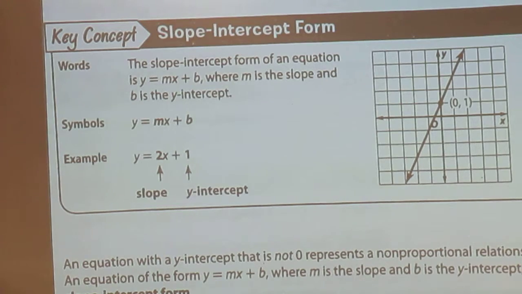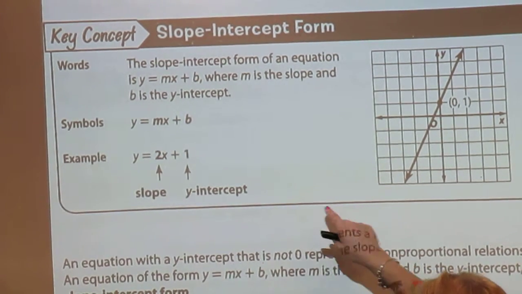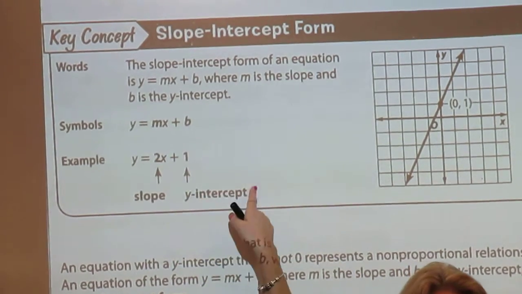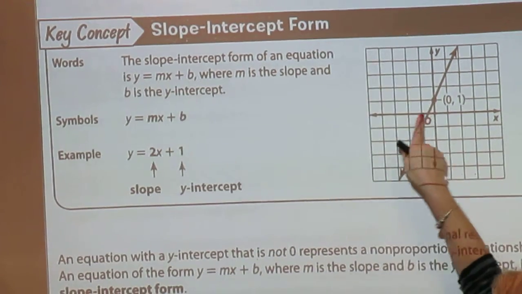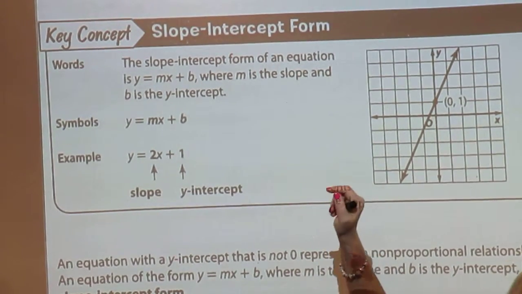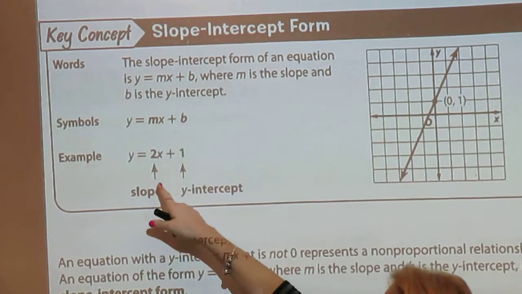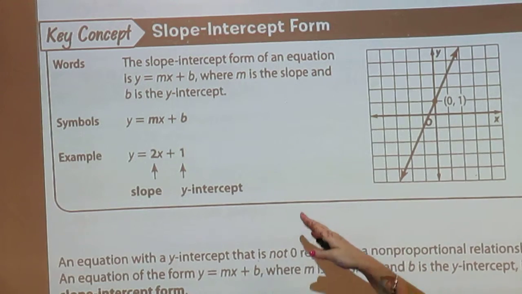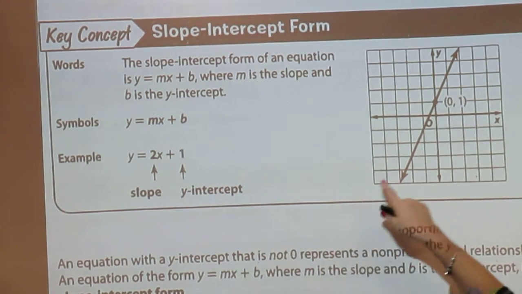Remembering that I said you could graph a line just based on this equation. So if you're looking here, I always start with my y-intercept. If my y-intercept's at 1, I know I'm going to put a point at the 1 on the y-axis. Then I just have to figure out, well, where's the line going to go through that point? And my slope is 2, which means up 2 over 1 in a positive direction, because it's a positive 2.